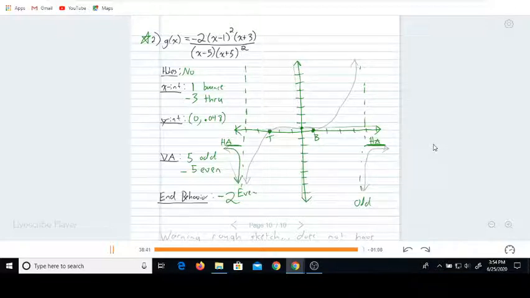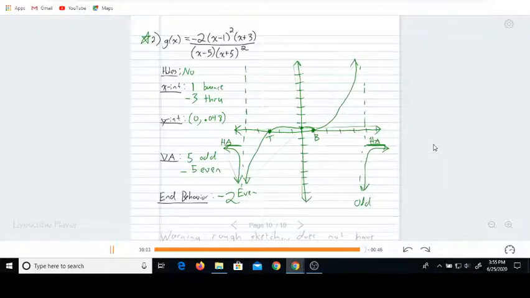So even multiplicity tells us the tails start in the same direction. I'm going to go through, hit my y-intercept, bounce off my x-intercept, ride the next asymptote. Odd multiplicity, start in the opposite direction, and hey, looky, there's my horizontal asymptote. I can ride it out. So there's the shape of the graph.